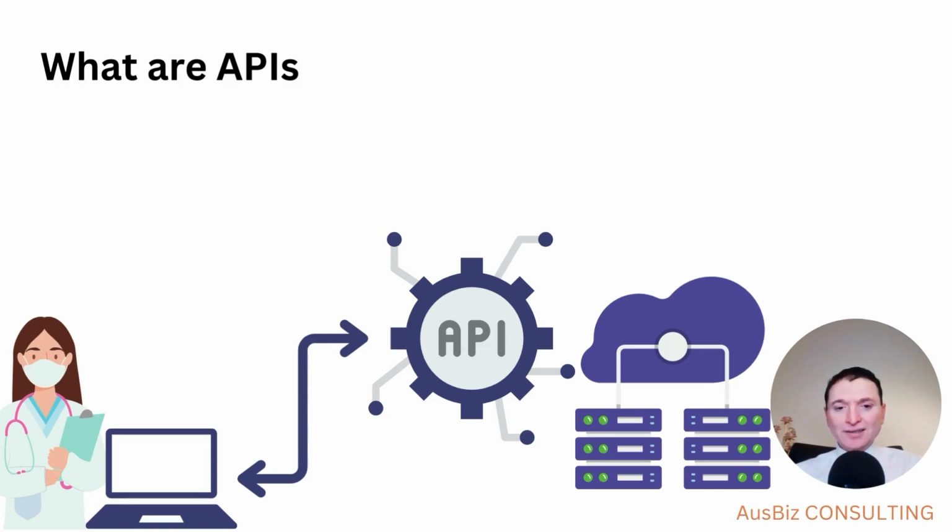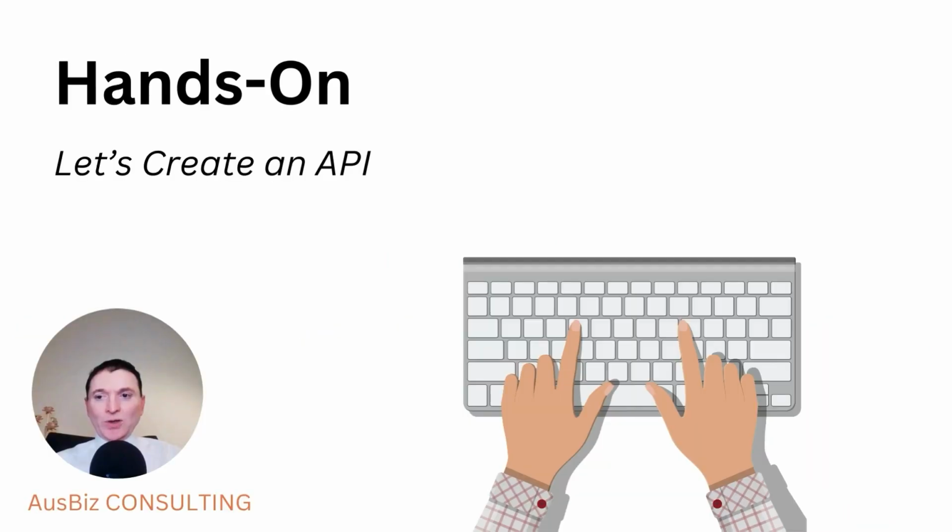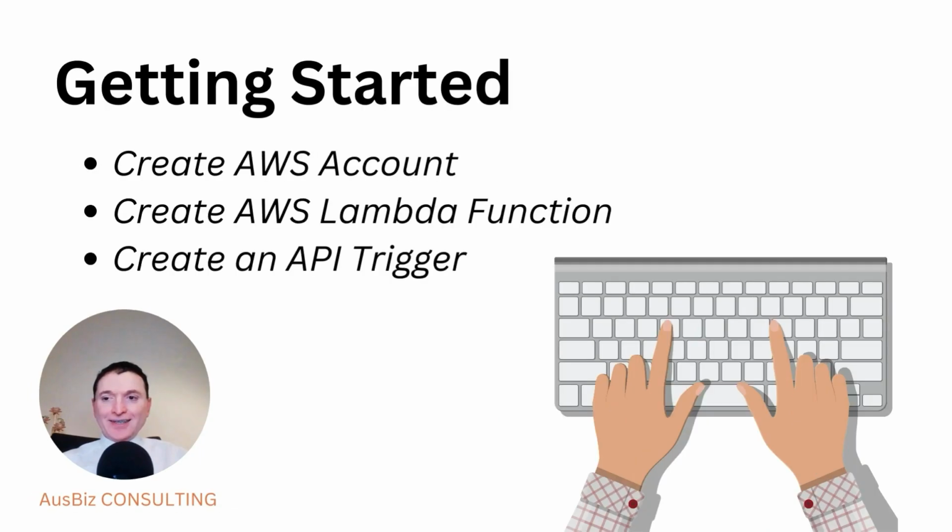Now, let's shift gears and get hands on. Let me take you through how to create your first API in AWS and have it accessible to anyone over the internet. But first, let me help you get started by creating an account in AWS.